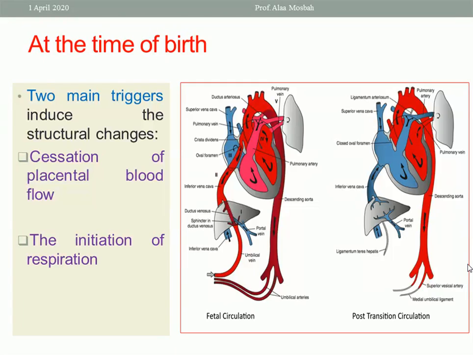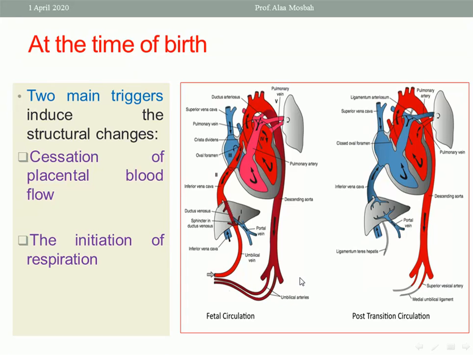At the time of birth, two main triggers induce the structural changes. One of them is cessation of placental blood flow. After delivery and cessation of pulsation, there is no more blood in the umbilical vein to pass in this circulation, and also no more blood in the umbilical arteries in this circulation.